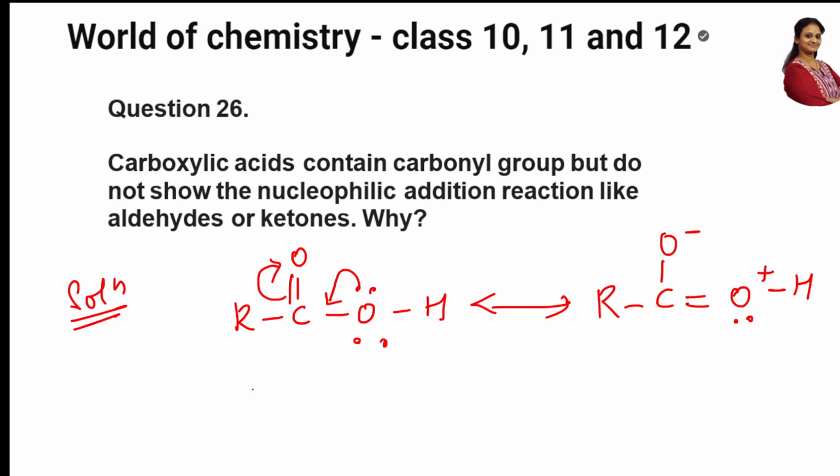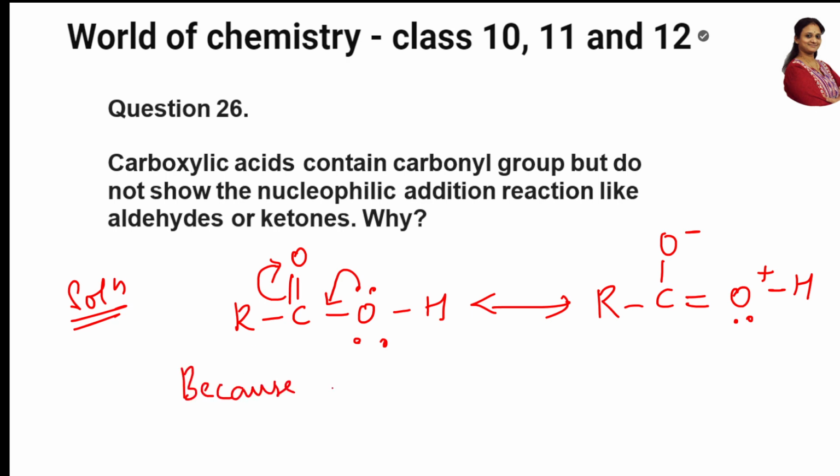This is your resonating structures. Now you tell me, because of the resonance, the partial positive charge on carbon is reduced or no? Because this is shifted, carbon positive charge is reduced. Yes, let us write that.